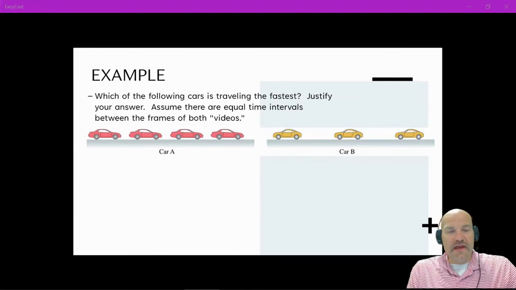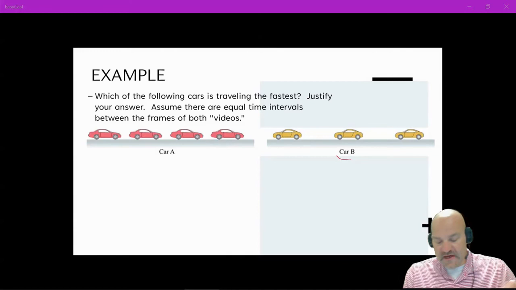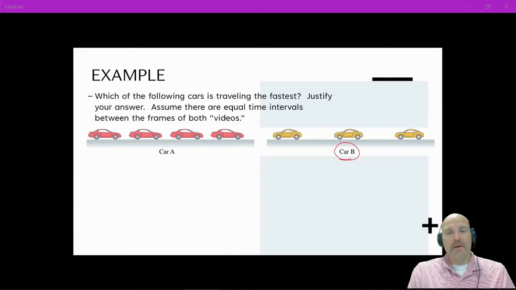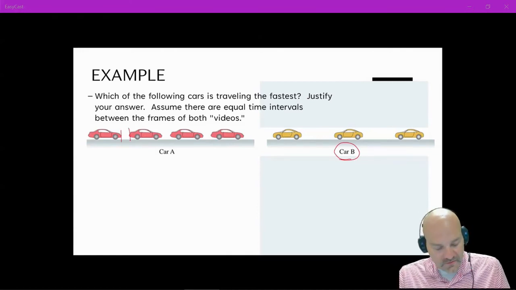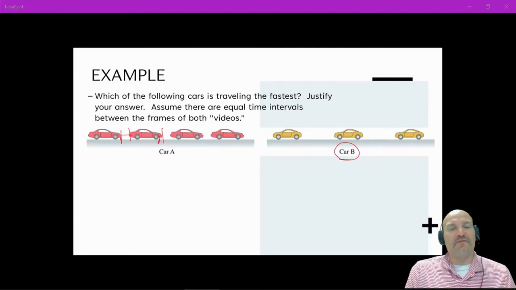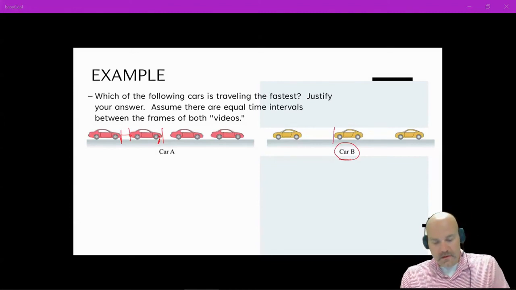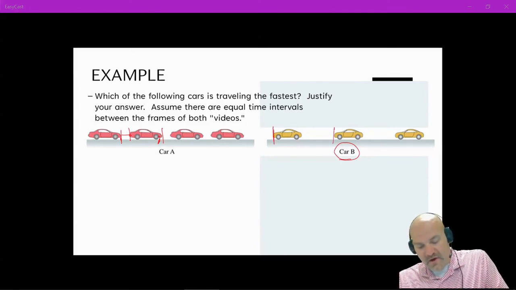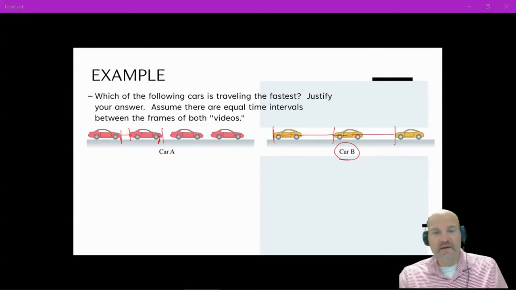Okay, so now let's talk about the answer. The answer to which one is traveling the fastest is actually car B, if these are equal time intervals. Note, I should be pointing out the front end of the car, that there's a shorter distance between the frames of the video. That means car B is traveling a greater distance in the same time interval.